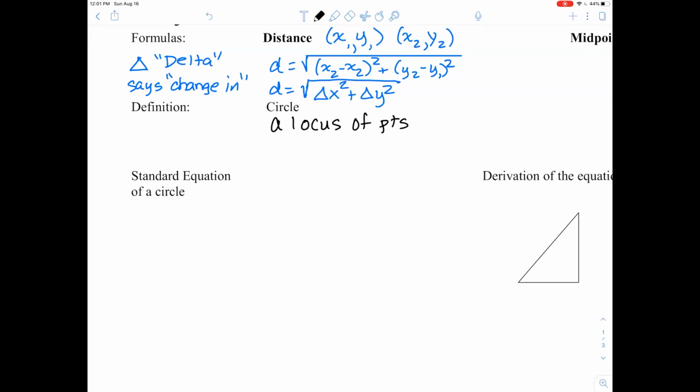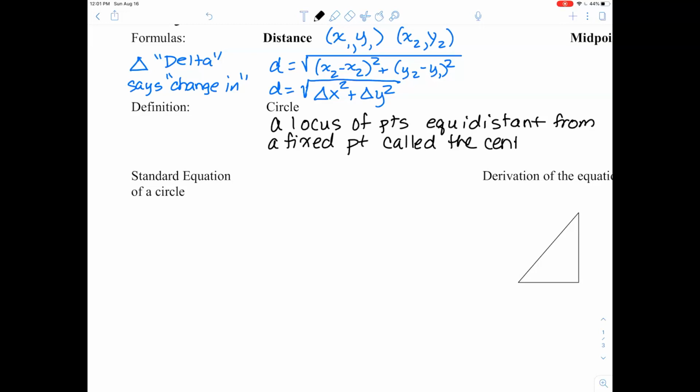A locus of points that are equidistant from a fixed point called the center point, the center. So you just have a collection of points that are equidistant from a fixed point. They're all the radius away, all the points are a radius distance away from the center point.